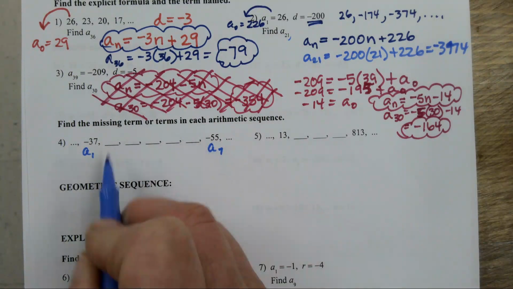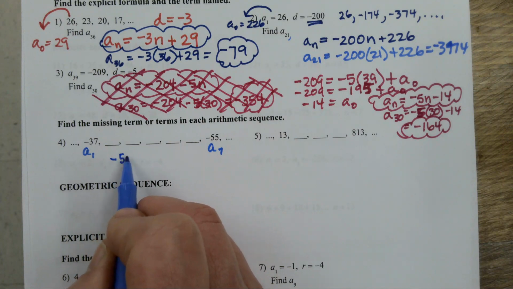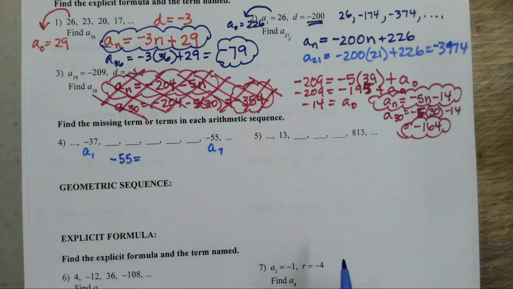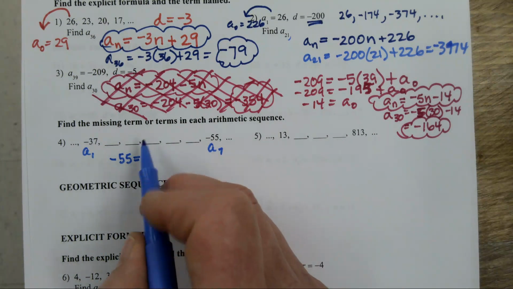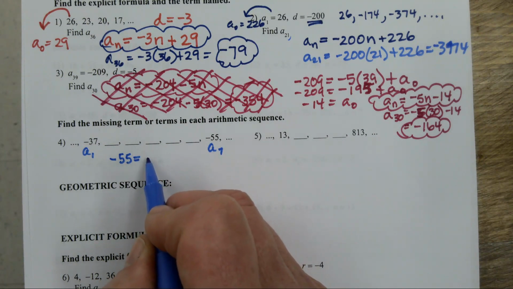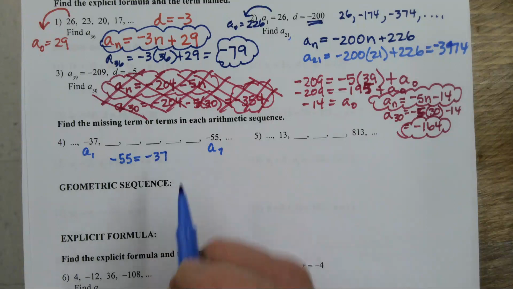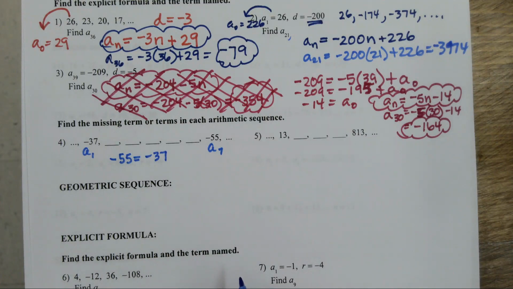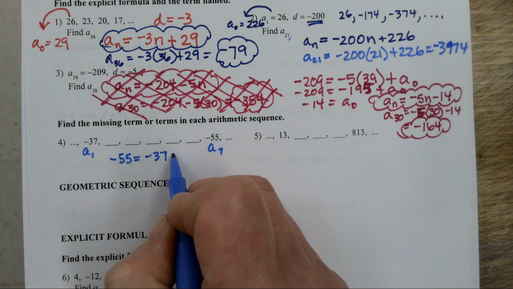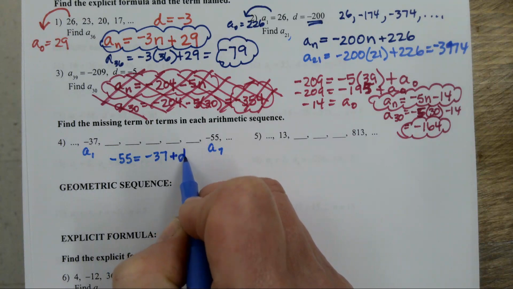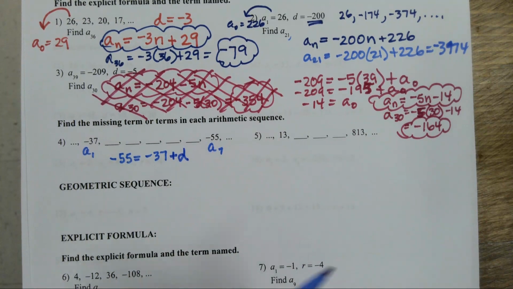If I end at negative 55, and I started at negative 37, I added D a certain amount of times, and that certain amount of times comes from subtracting where I ended and where I started.